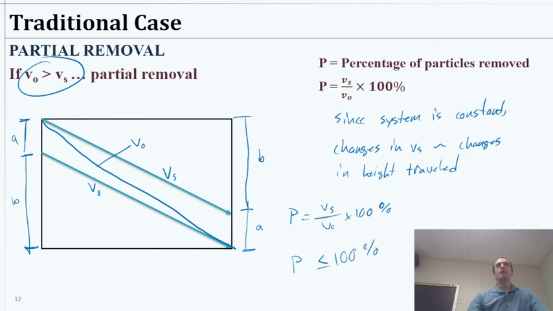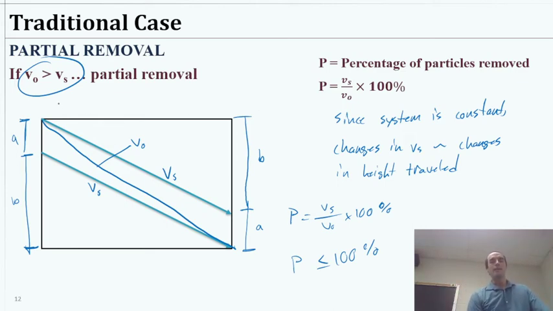If you're solving this and you find you've removed 150%, think back and realize that I must have reversed these two, or there must be a similar error somewhere. So we never need to use this if the settling velocity of a particular particle is faster than the design velocity. Okay, so keep those concepts distinct, right?